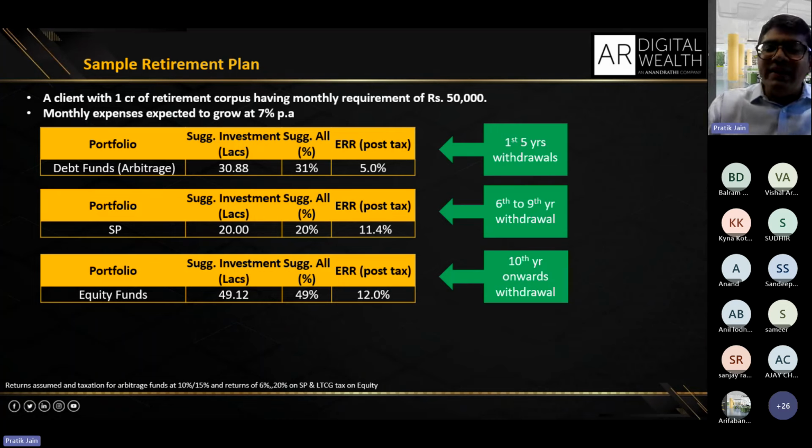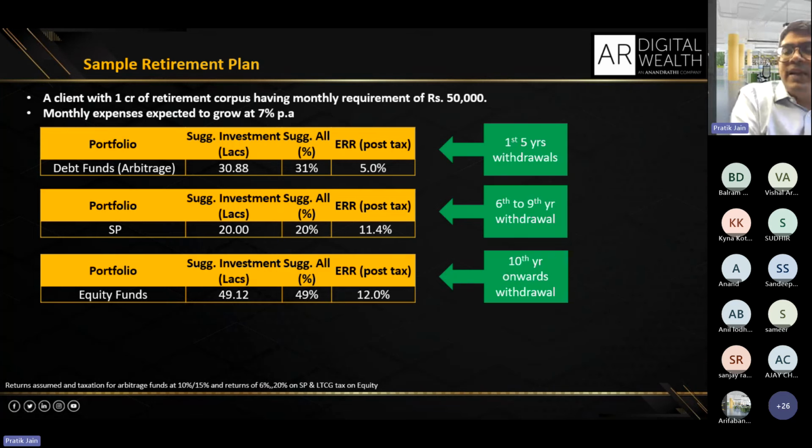Now where this amount of 20 lakhs comes in, so here what we have done is that क्लाइंट का जो 6, 7, 8, 9 ये जो 4 साल का requirement है, पहले 5 साल का requirement तो debt में चला गया. 6 to 9 years मतलब अगले 4 साल का requirement should come from the proceeds by investing in structure product. तो इस केस में almost 38 to 40 lakhs का requirement है क्लाइंट का from 6th to 9th year.